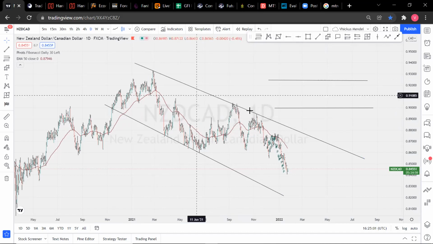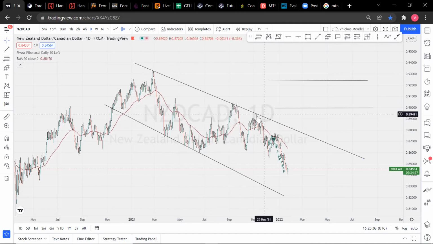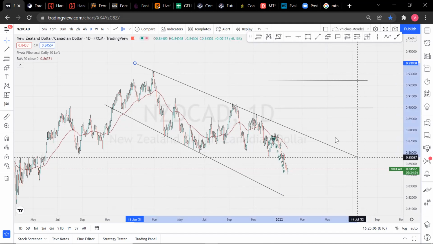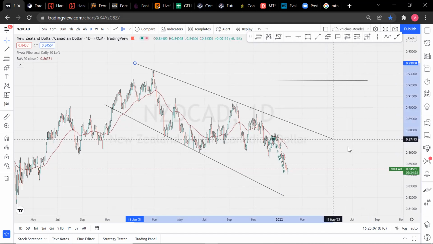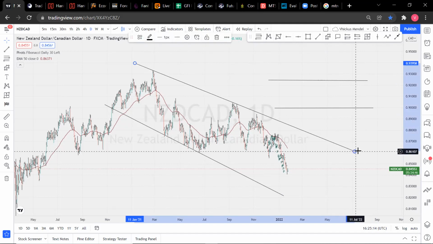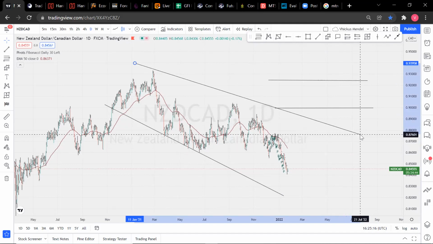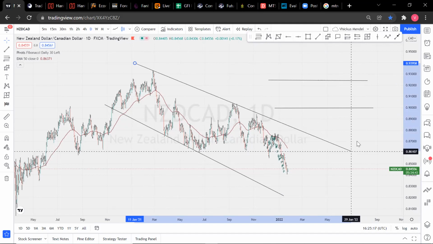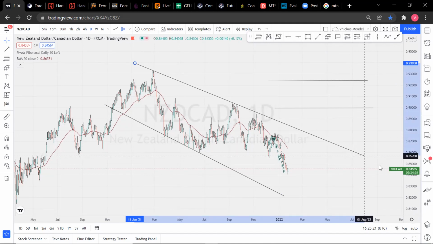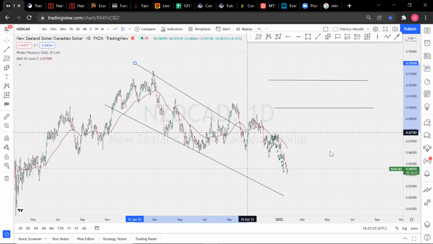You can have one touch over here, a second touch, and then a third touch. And if you are finding difficulty in placing it on the candlesticks, it's wrong. You don't force the trend line into the wicks. The trend line should fall on the wicks automatically.